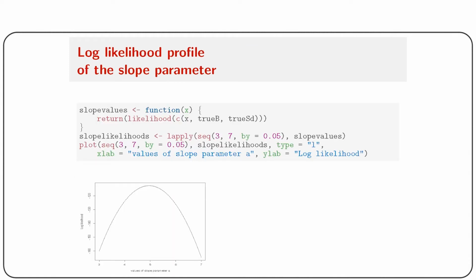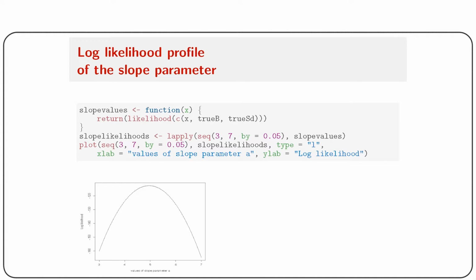The log likelihood profile of the slope parameter: we see how the likelihood varies as we vary the slope parameter. Slope values, say I am just passing the values of x and then return likelihood(x, trueB, trueSD). Then the slope likelihoods, say sapply over a sequence from 3 to 7 by 0.05 and slope values.